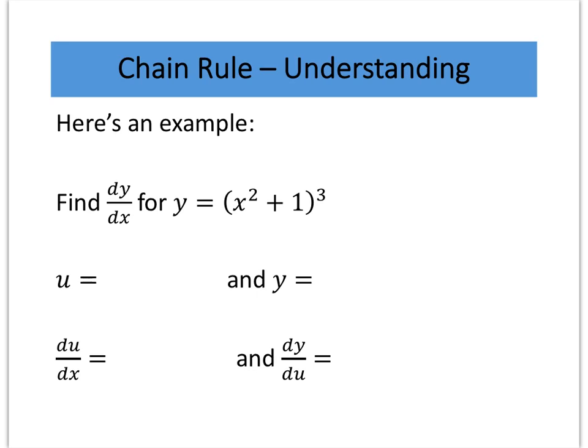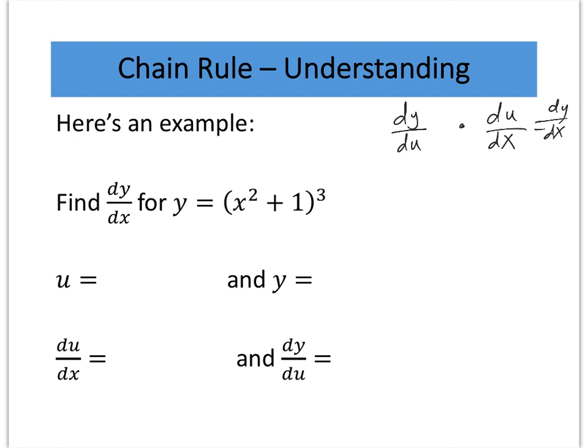So here's the solution. For this function, I think about the inside as some u. Remember, we want to take the derivative of the function y with respect to u, and we also want to take the derivative of the function u with respect to x, so that when I multiply them together, I get dy dx. That's our ultimate goal.